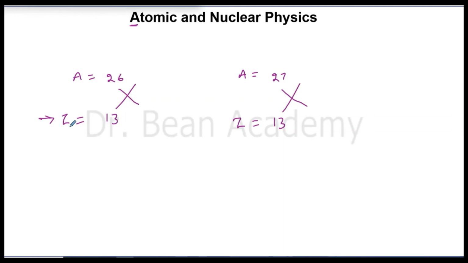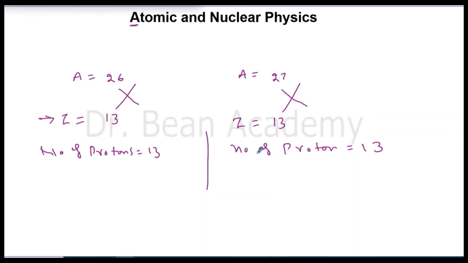Z is the number of protons in the nucleus, so the first element has 13 protons, and the second element also has 13 protons. So it is the same element, because if the number of protons is the same, it is the same element, right?